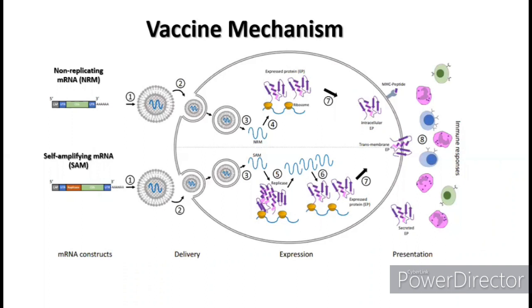At step 7, the expressed protein of interest is generated and secreted. This mRNA typically lasts for a few days, but in that time, if sufficient antigen is made to stimulate an immune response, meaning immune memory in the form of B and T cells is achieved, then the vaccine materials are broken down.